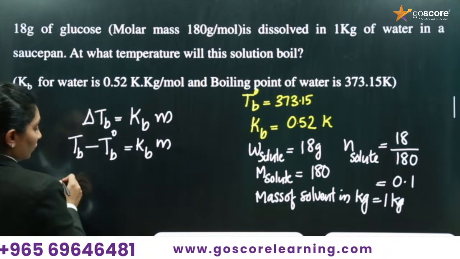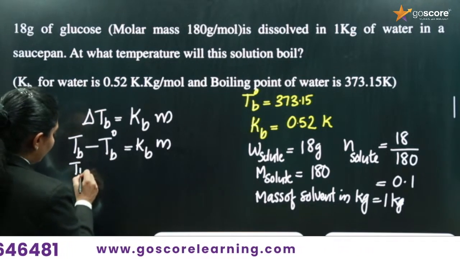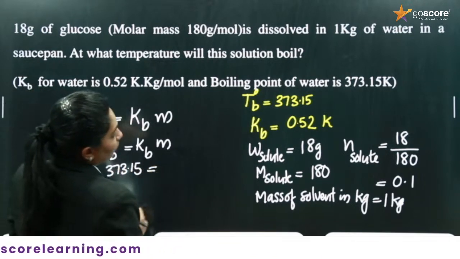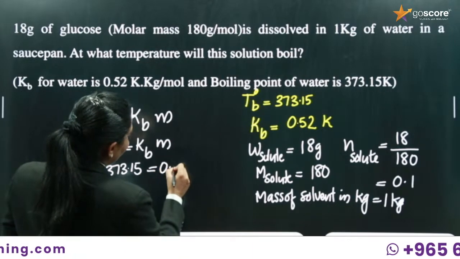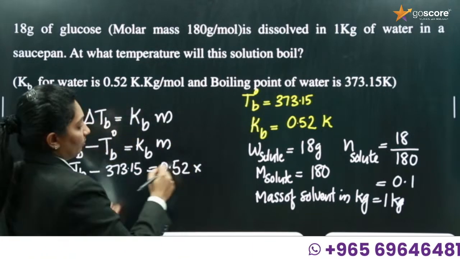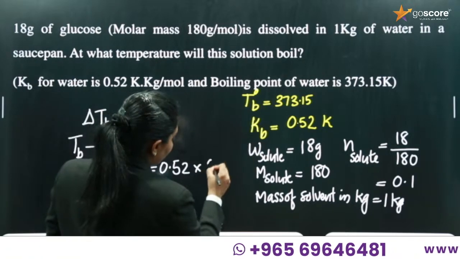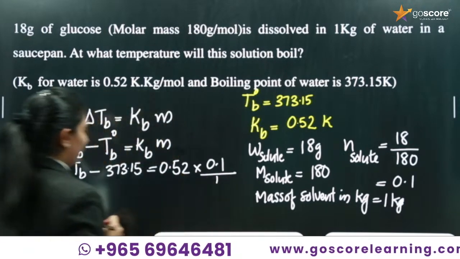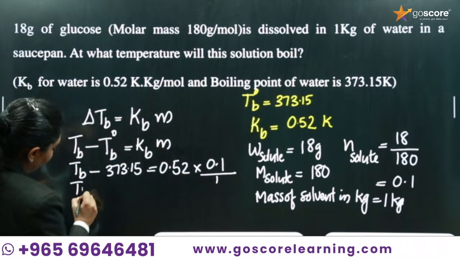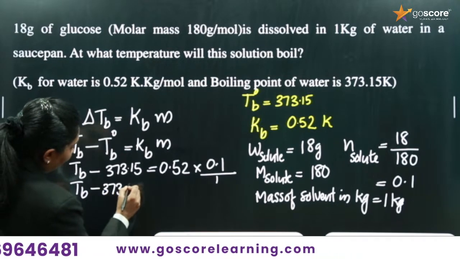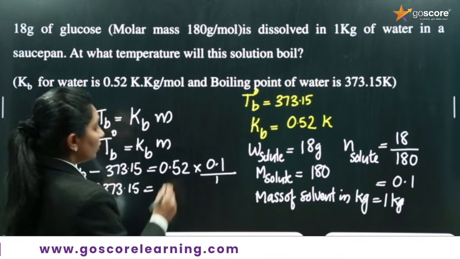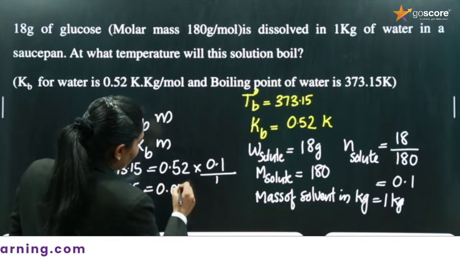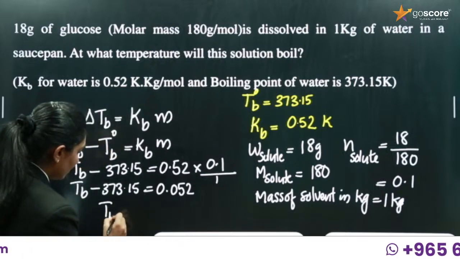Kb is 0.52, the molality is the number of moles of solute, 0.1, divided by the mass of solvent in kilogram, 1. So Tb minus 373.15 is equal to 0.52 into 0.1, we will get 0.052.